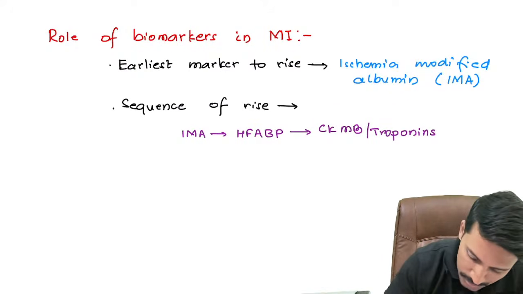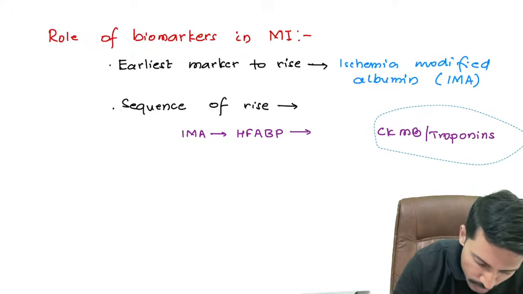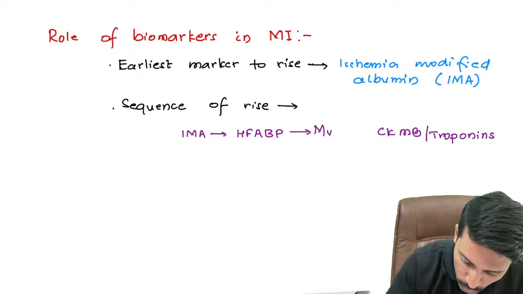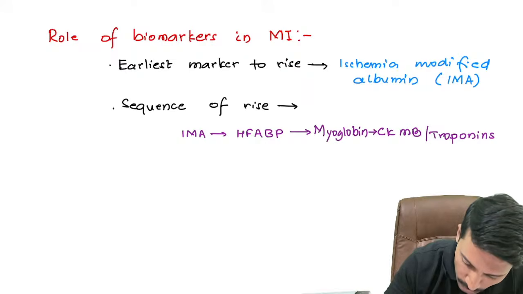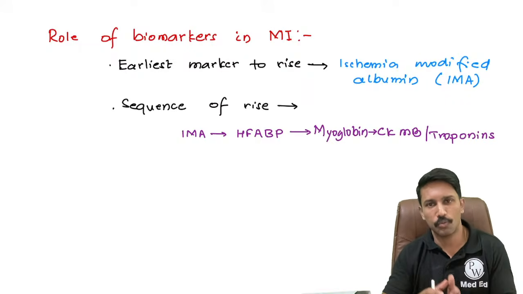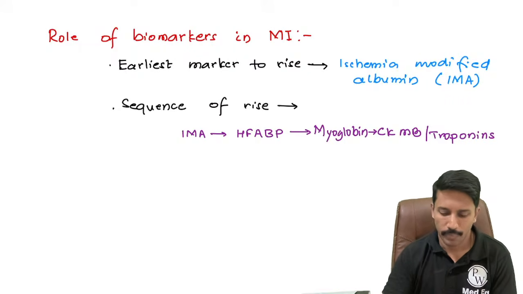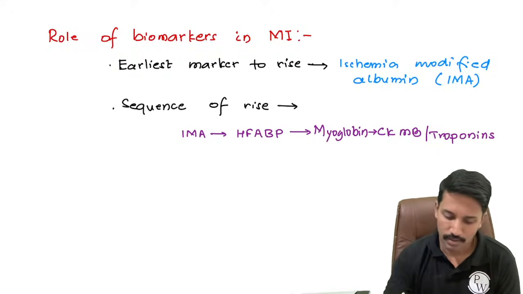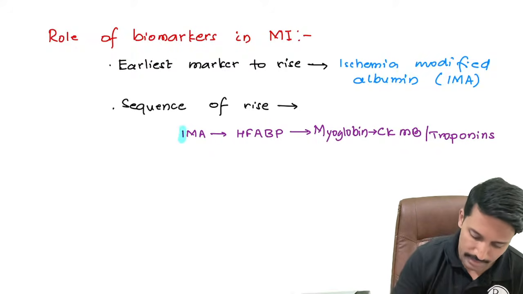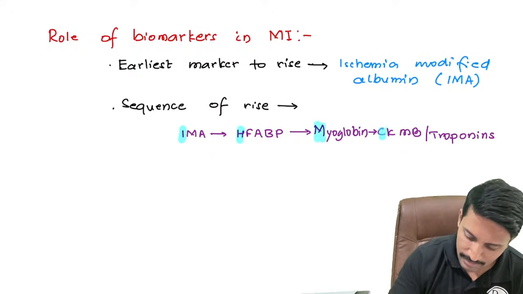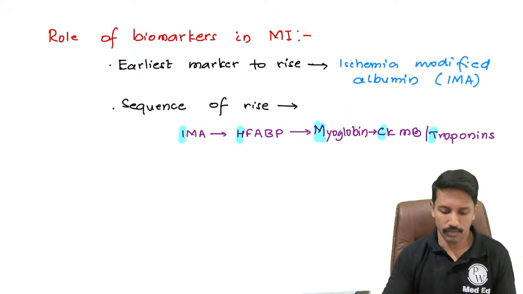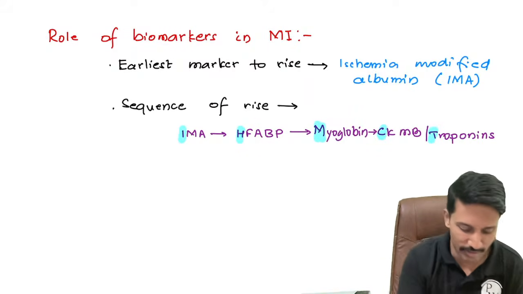Okay, I forgot to mention, even before the CKMB, though we do not investigate or do this test on a routine basis, biochemistry people tend to ask this question, so you should remember myoglobin and then CKMB. How do I remember this sequence? There's a simple mnemonic. I have my cat. You know, like I definitely have a small cat at home.